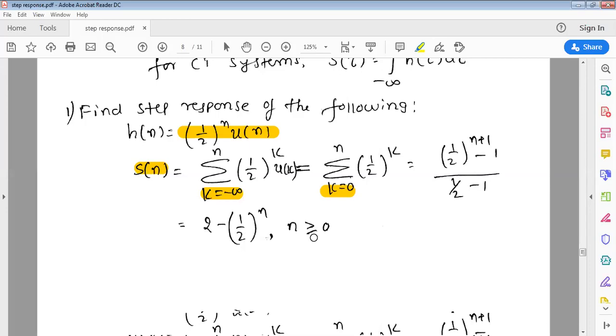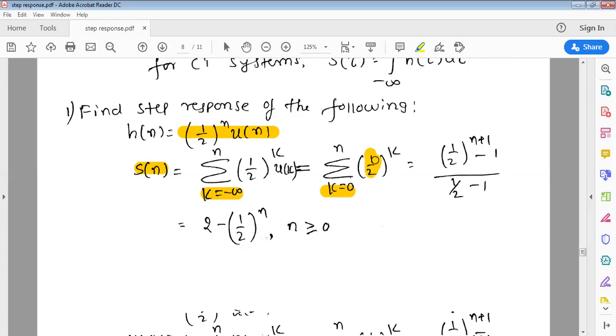I'm going to re-explain. Any doubt? How did you get 1 by 2 whole power n plus 1 minus 1? Here, this is the sum to n terms of a GP. Sum of a power k is given by a power upper limit plus 1, what is the upper limit? n, so n plus 1, minus 1, divided by a minus 1.